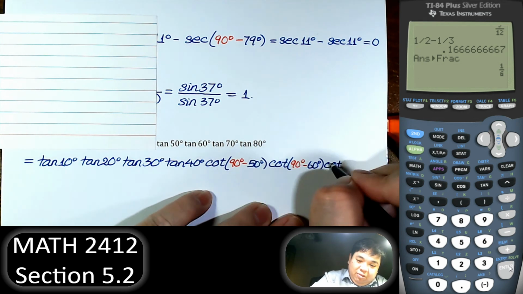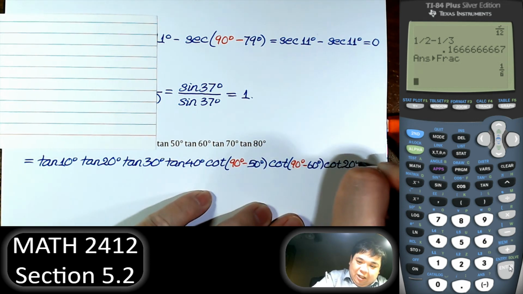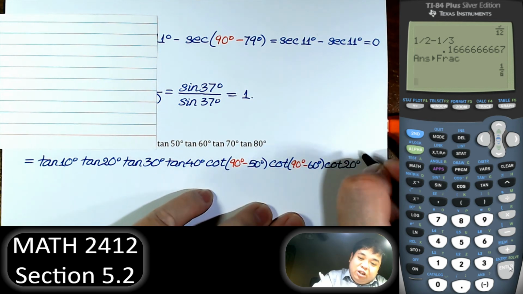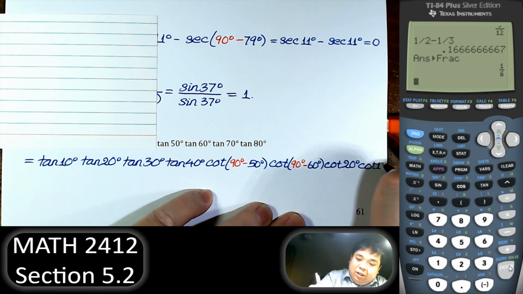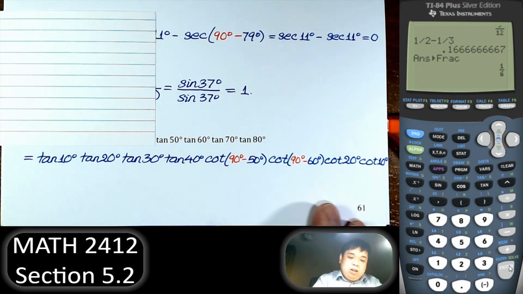Of course, I'm running out of space, and besides we don't need to write it all out. And tangent of 80 is cotangent of 10 degrees.